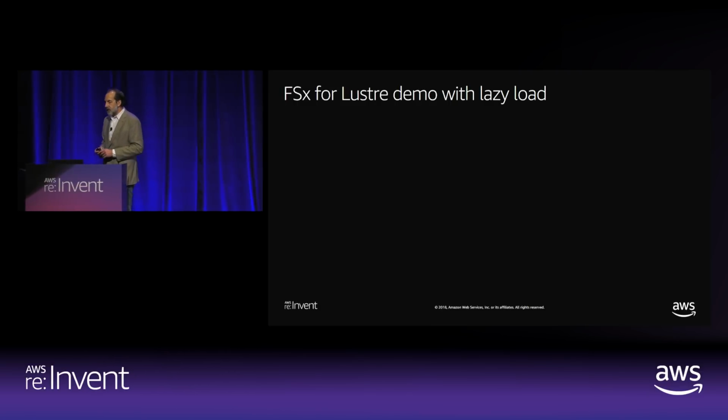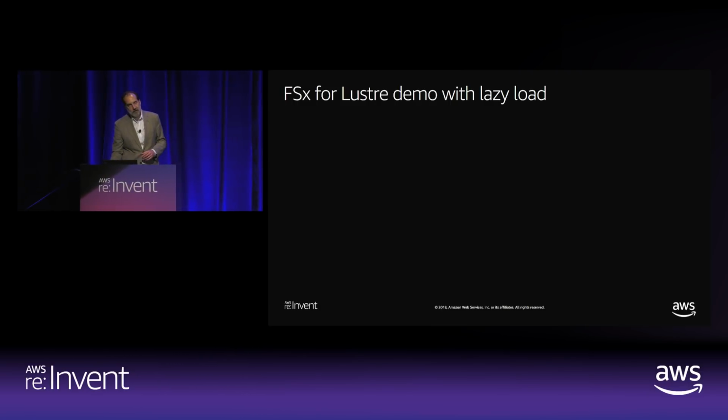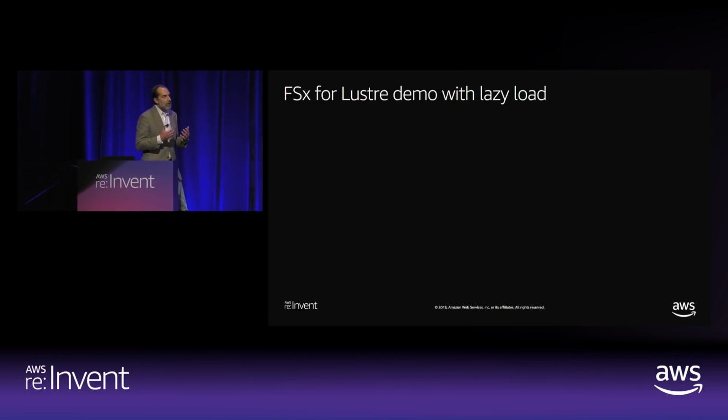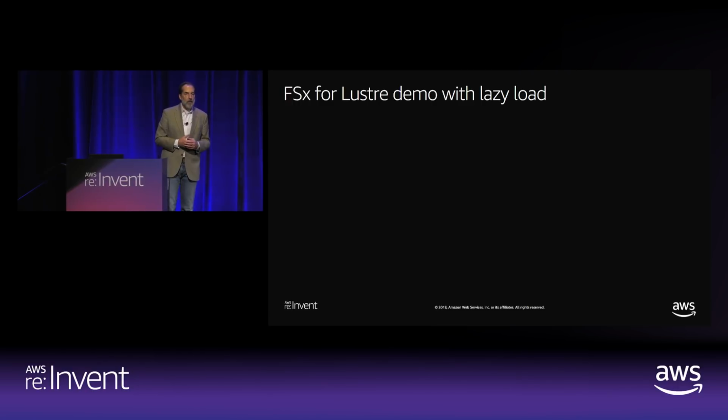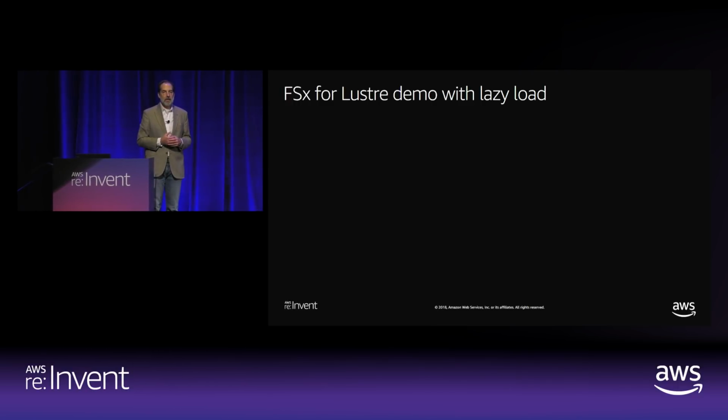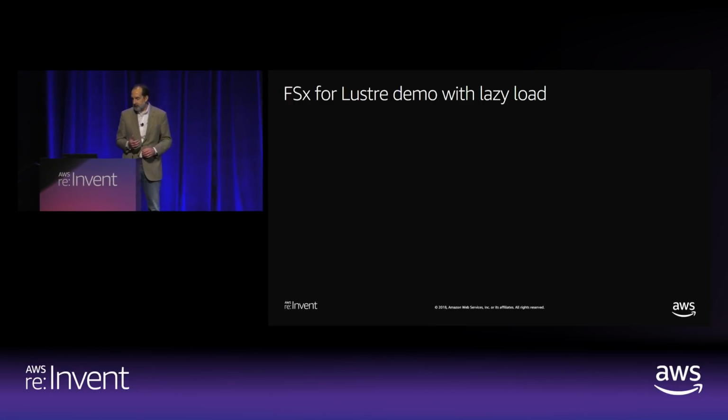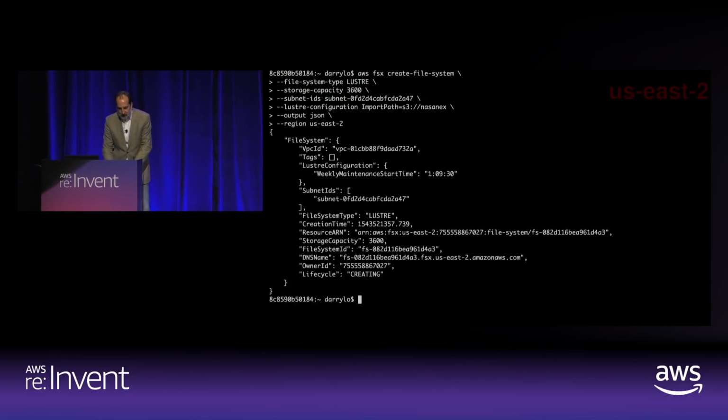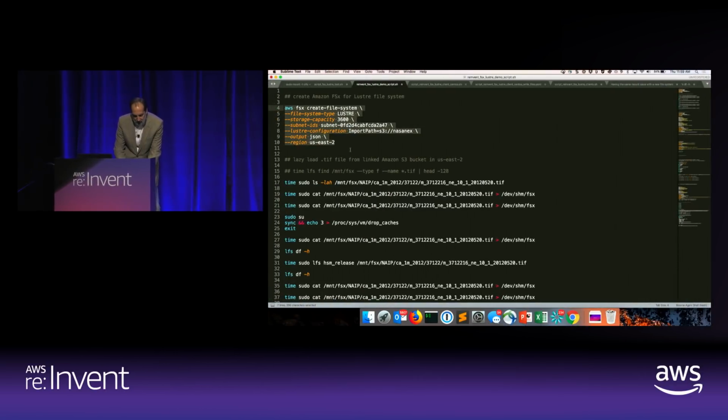So what I'm going to do is lazy load this data into my file system. And because FSx for Lustre is a POSIX-compliant file system, there's really nothing special I need to do. So I'm going to hop over to my screen.